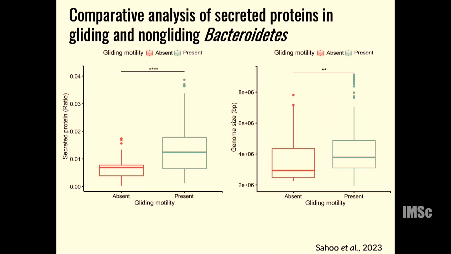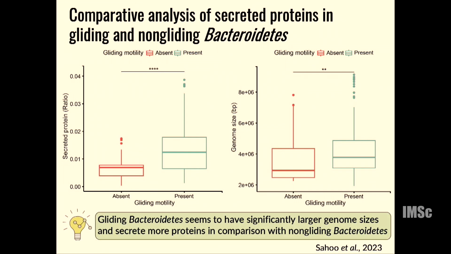We also checked genome size, and it is significantly larger than in the non-gliding counterparts. So our hypothesis is that gliding bacteroidetes have significantly larger genome sizes, and probably encode more secreted proteins in comparison to non-gliding bacteroidetes.